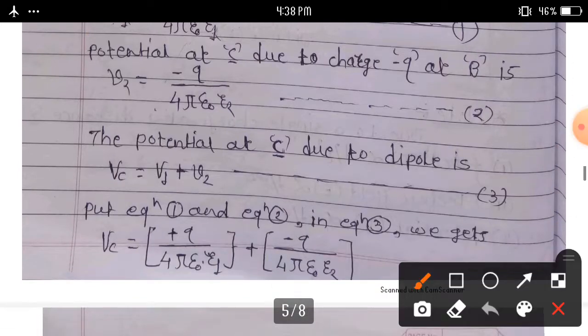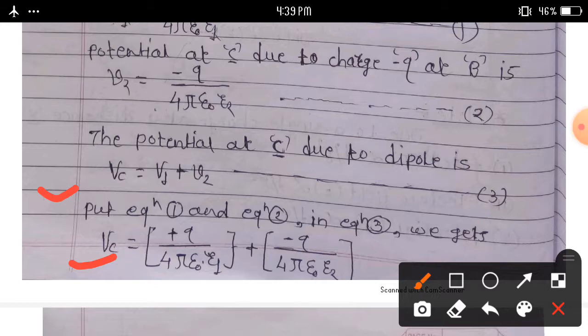The potential at C due to the dipole is given by V suffix C is equal to V1 plus V2. Putting equation first and equation second in equation third, we get V suffix C is equal to plus q upon 4 pi epsilon naught into r1 minus q upon 4 pi epsilon naught r2.